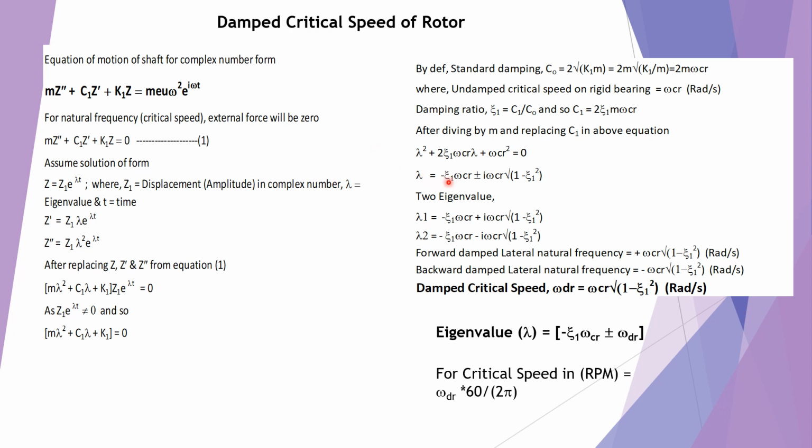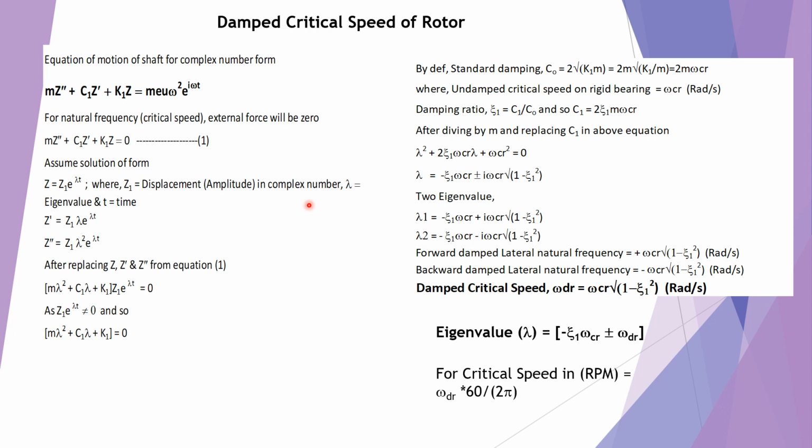So lambda is equal to minus zeta 1 omega cr plus minus i omega cr square root of 1 minus zeta 1 square.